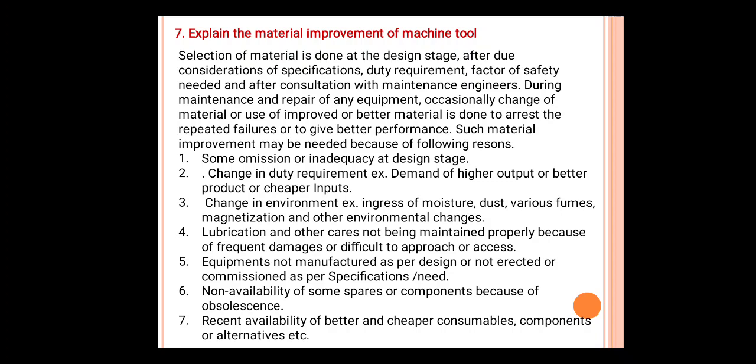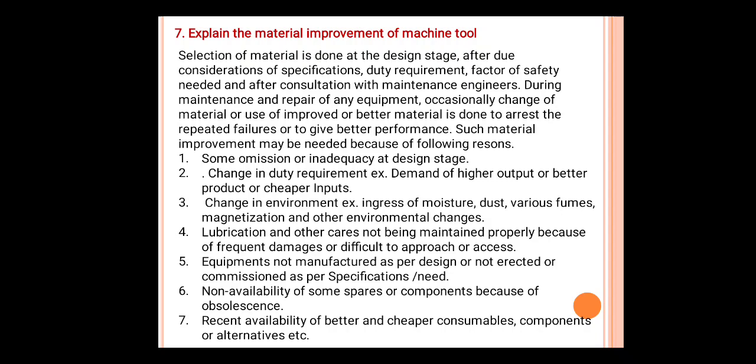During maintenance and repair of any equipment, occasionally a change of material or use of improved or better material is done to arrest the repeated failures or to give better performance. Such material improvement may be needed because of the following reasons.